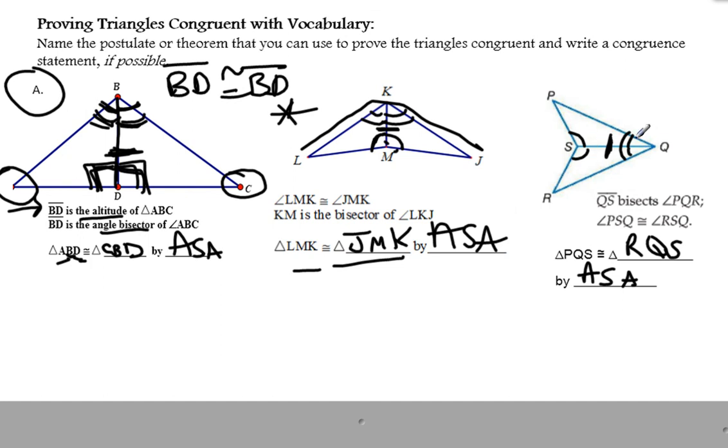So we have an angle side angle congruent to an angle side angle, and that gives us angle side angle. And then our congruency statement: P has nothing, that matches with R. Q has 2 arcs, so that matches with Q in the other triangle, which has 2 arcs. And S has 1 arc, so that matches with the S in triangle QSR that has 1 arc as well.